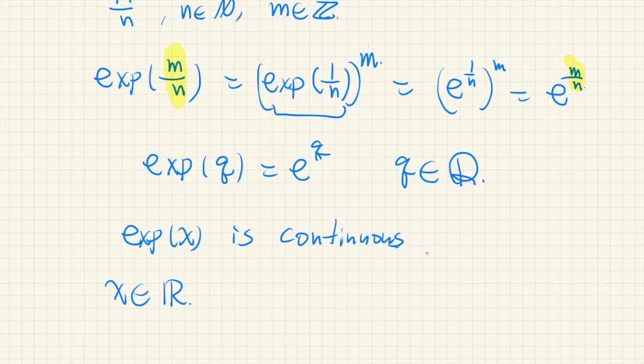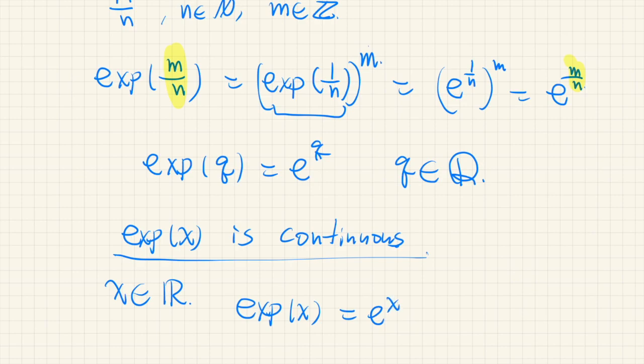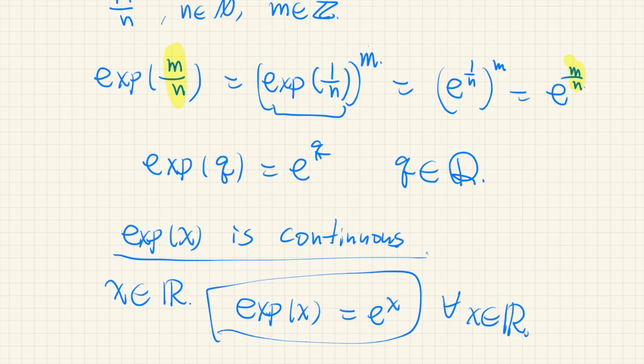So from the continuity of real numbers and continuity of this function, we have exponential of x is equal to e to the power of x for all real numbers. So we have this expression now.